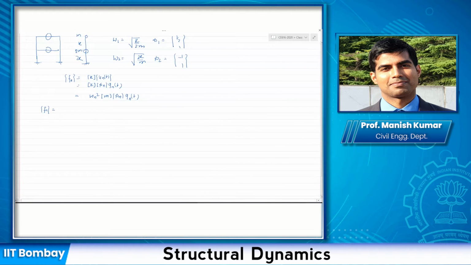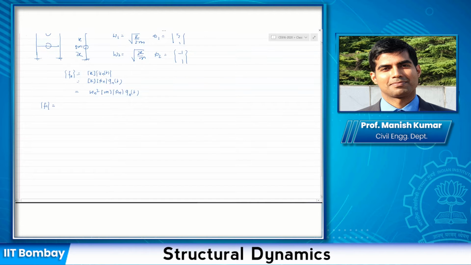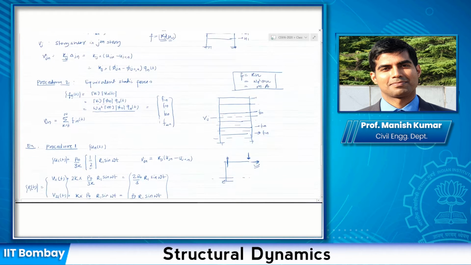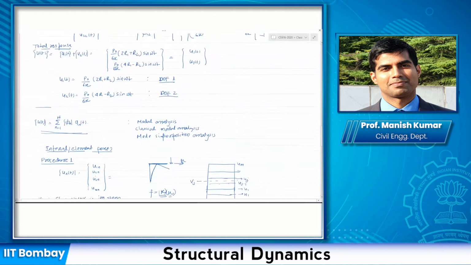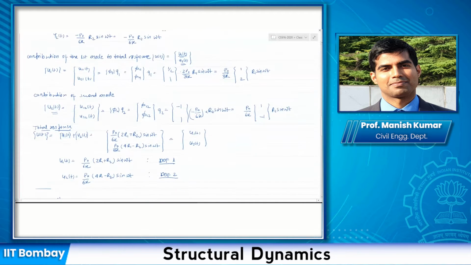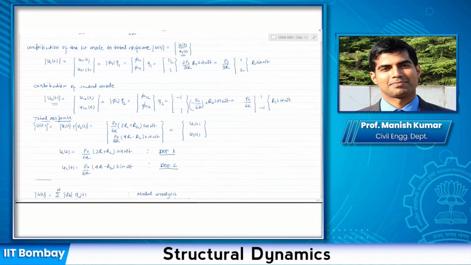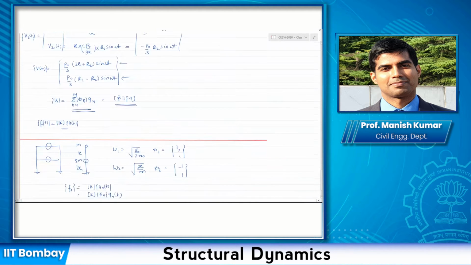If I consider the first mode, it would be simply omega_n squared, which is K by 2m, times the mass matrix, which is this matrix here, times half and 1, and Q_1(t), which I had found out. Remember what Q_1(t) was? These were Q_1(t) and Q_2(t): 2P0 by 3K times R1 sine omega t. So let us write that down.